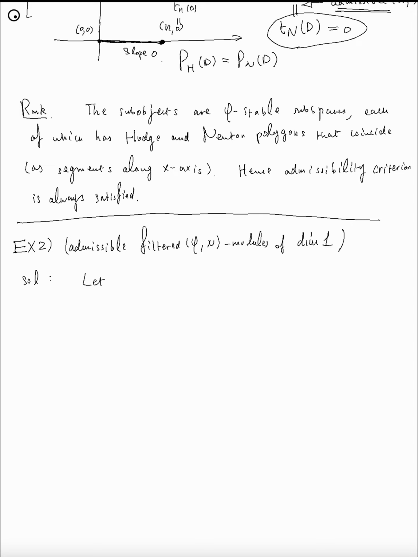Let D be a filtered finite module over K with dimension of D equal to 1, such that Frobenius is bijective over D.